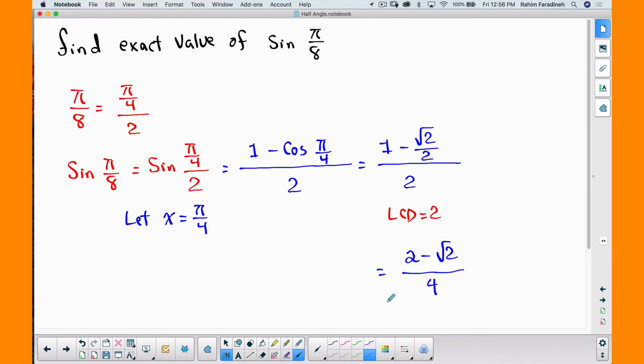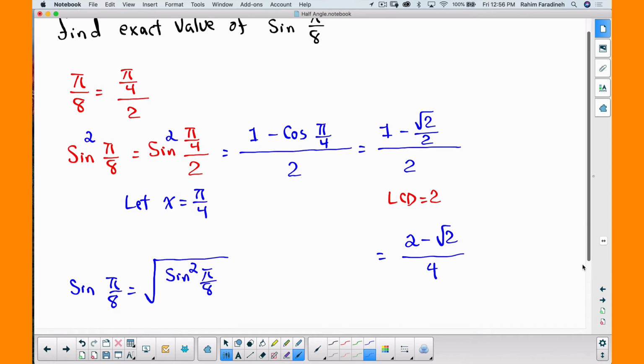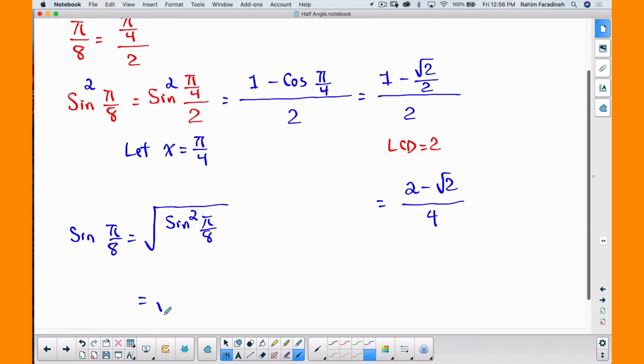But now this answer is not really for sine of pi over 8. It's actually for sine squared of pi over 8. So we need to find sine of pi over 8. So sine of pi over 8 will be the square root of sine squared of pi over 8. So we're going to take the square root of 2 minus radical 2 divided by 4.